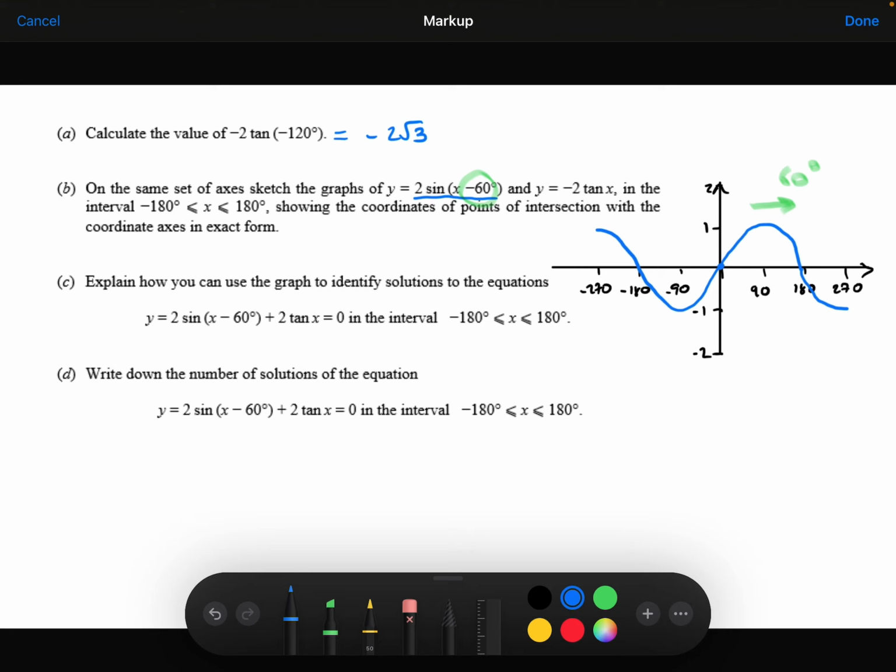So it's going to move to 60 degrees there. The intercept here would move to be 240. The point over here would move to be minus 120.